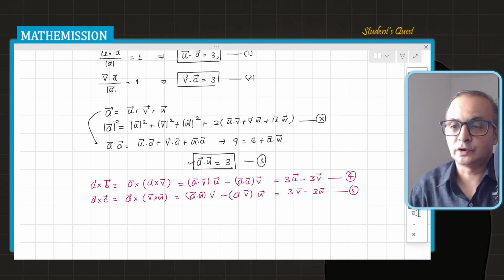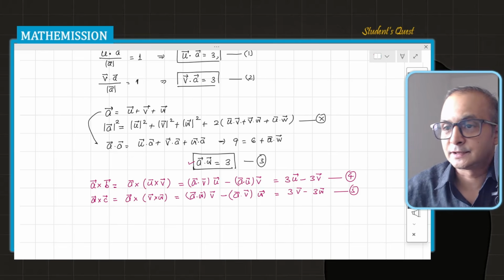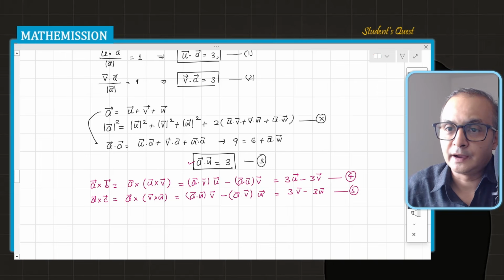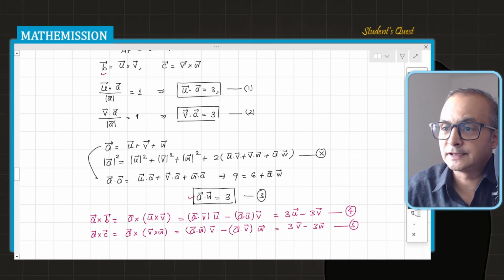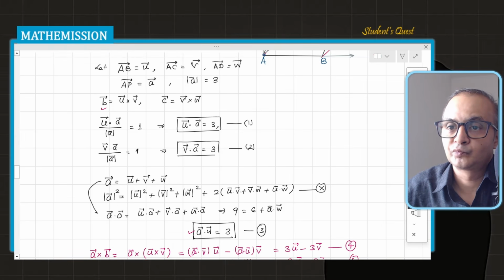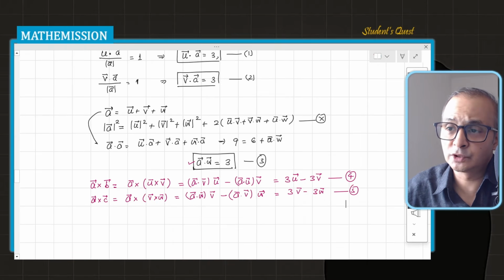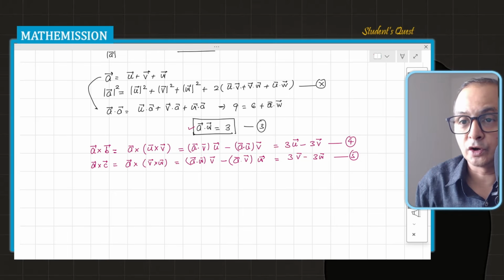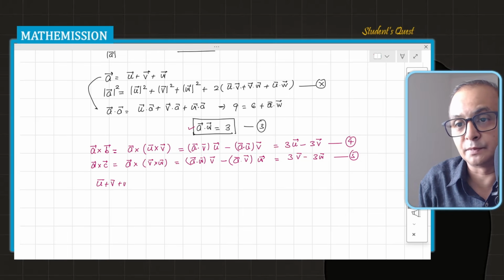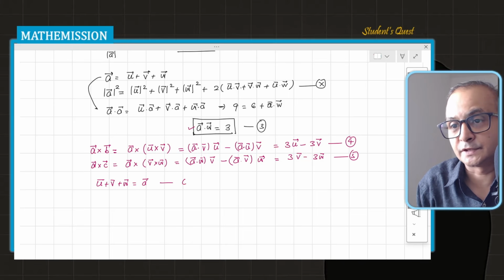So now you can realize that I have these three pieces of information. A cross B is equal to 3U minus 3V vector. A cross C is equal to 3V minus 3W vector. And also one piece of information I can say is that U plus V plus W is equal to nothing but A. This is the sixth equation.